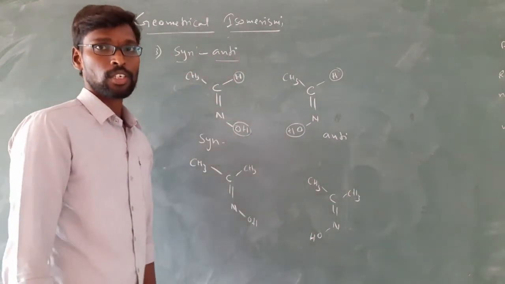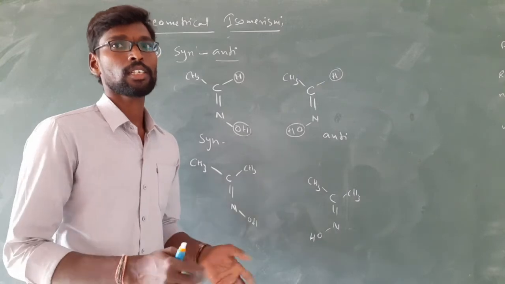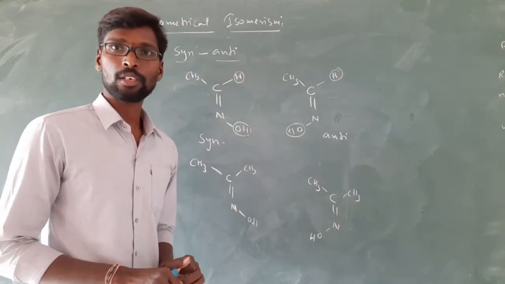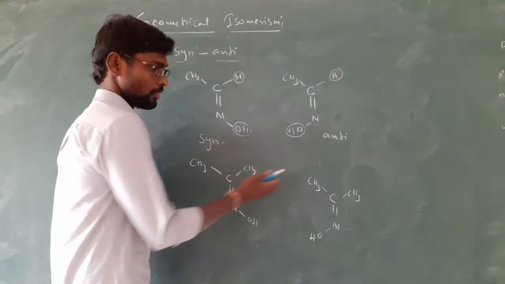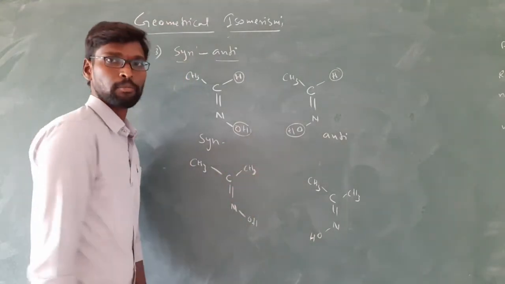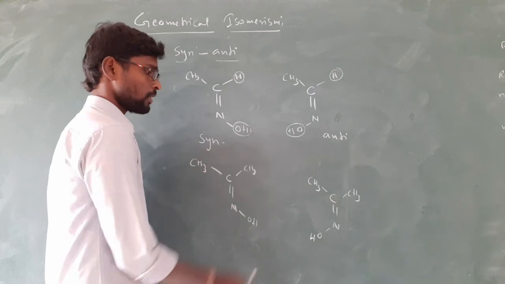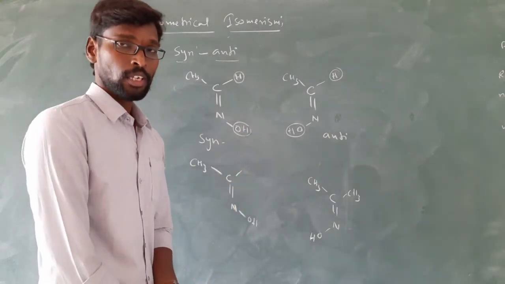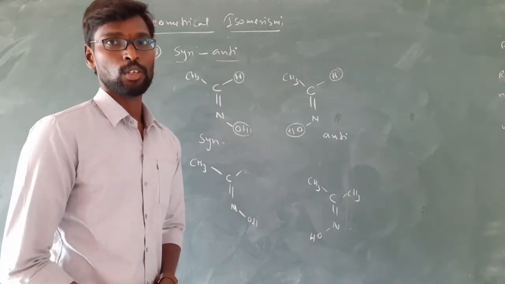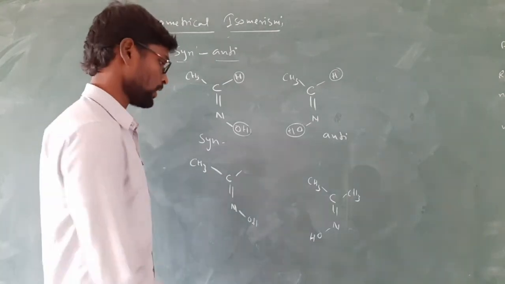So in this, syn and anti does not appear because both groups are the same. If you write OH here, it doesn't matter. For identification of syn and anti in ketones, it should have different alkyl groups. That means you should take mixed ketones.